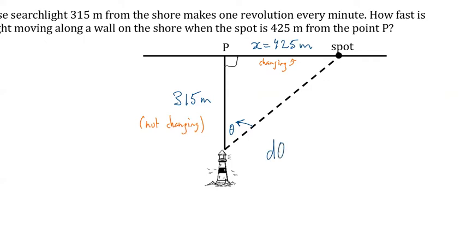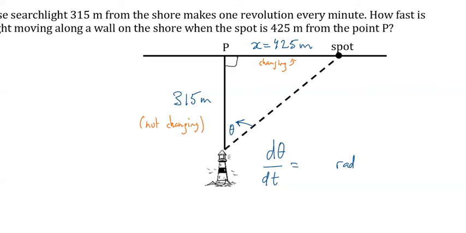What is theta measured in grade 12? Shiraz? Were you going to say something? No? What's it measured in? Radians. So d theta by dt is in radians, but it's a rate, so it's over time. And what's the time? It says every minute, so let's do that, radians per minute.